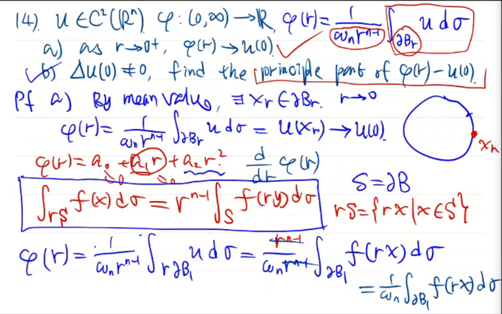Okay, so we will use this result. In this result, the variable r does not appear on the integrating surface. It only appears in the function to be integrated, so it makes it easier to compute the derivative of phi. Okay, this is the idea.